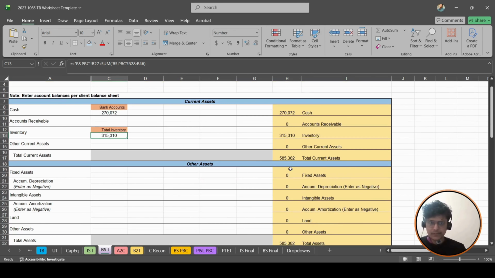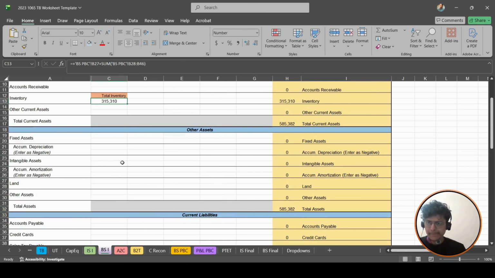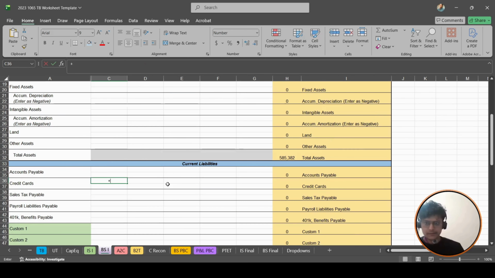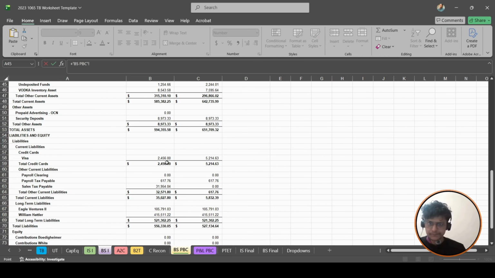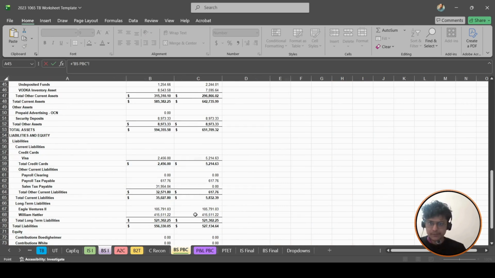Great. Now we have the liability side, credit card, credit card here. So the credit cards will change the cell value to ease this process. Yes, we have a sales tax payable.